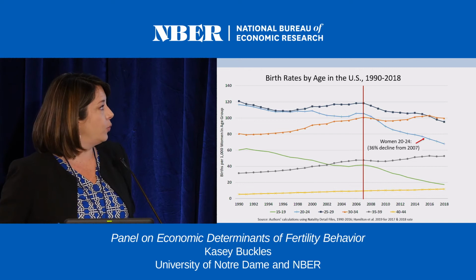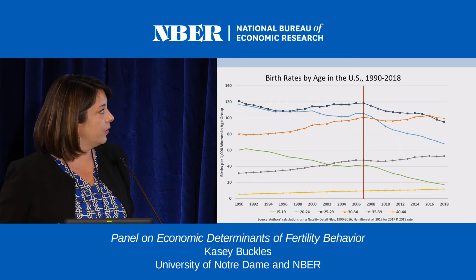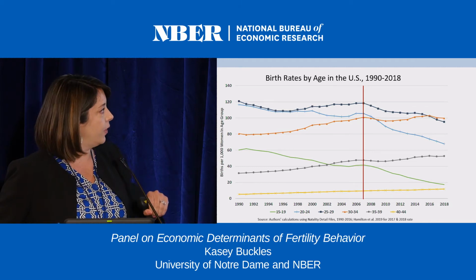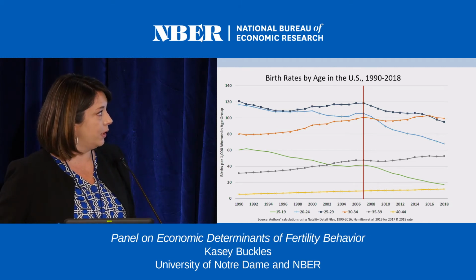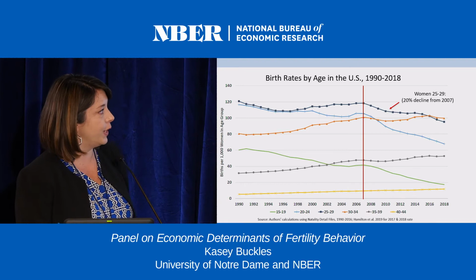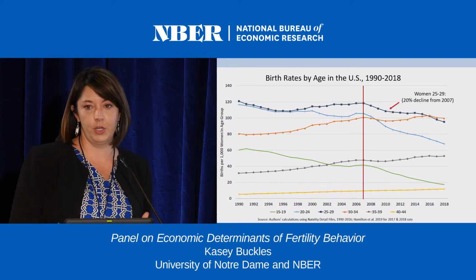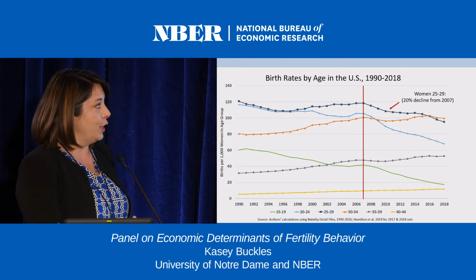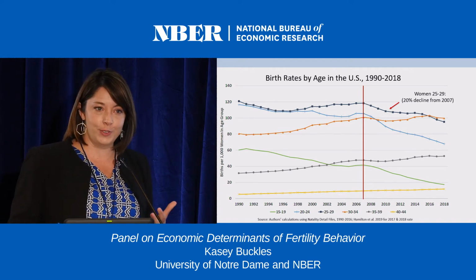Women 25 to 29 have had the highest fertility over most of this period, quite flat from 1990 through 2007, but they too started to decline in 2007, so that their fertility rates are now 20% lower, such that they are now no longer the most fertile group.